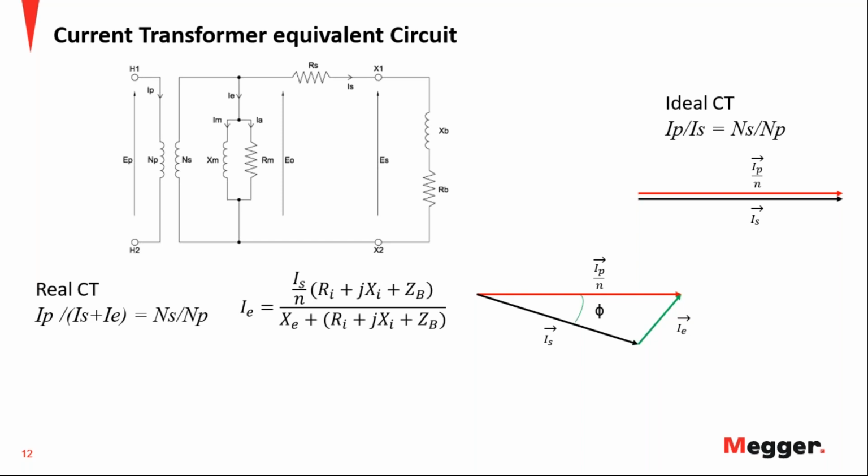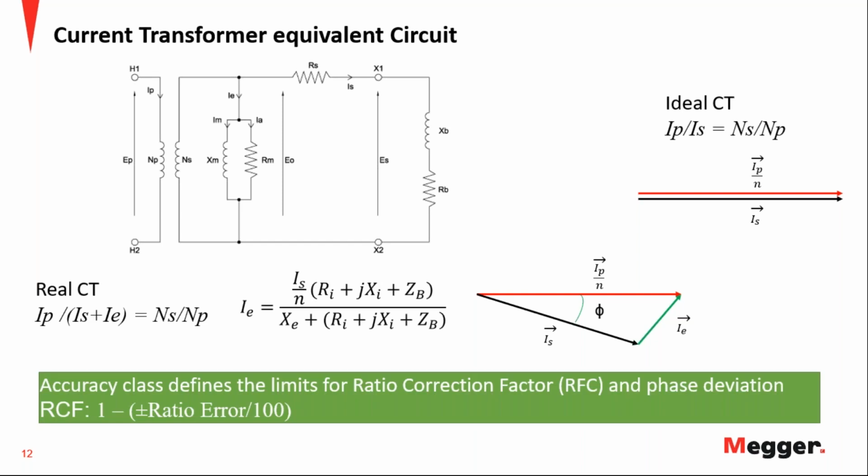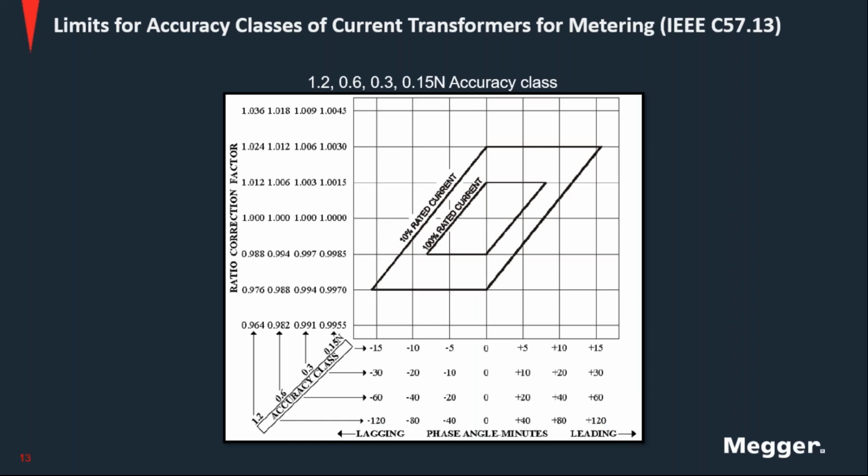If you think of those four limits, two maximums and two minimums, and you bring that into the coordinate plane, you can draw a parallelogram. In this case, for 100% of rated current, we have minimum ratio correction factor and minimum phase angle. Then we have another corner of this parallelogram defined by a minimum ratio correction factor and maximum phase deviation.